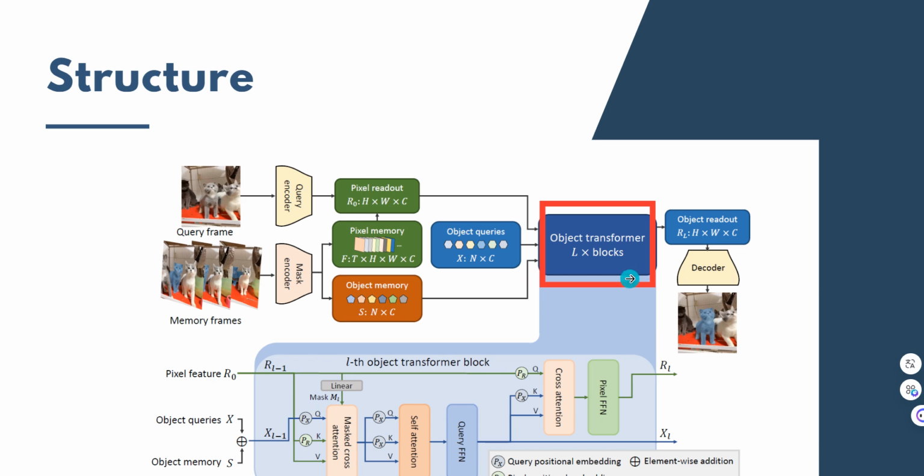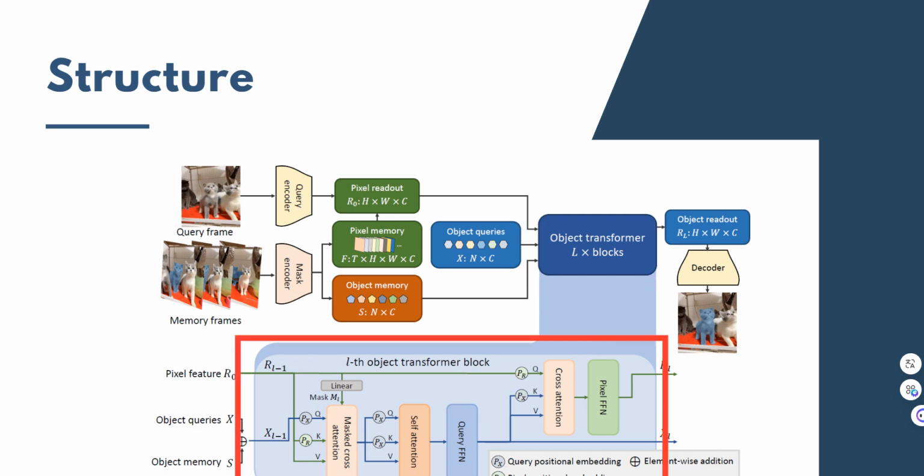The object transformer is a series structure, right? So it has L blocks, where L stands for the number of transformer blocks.